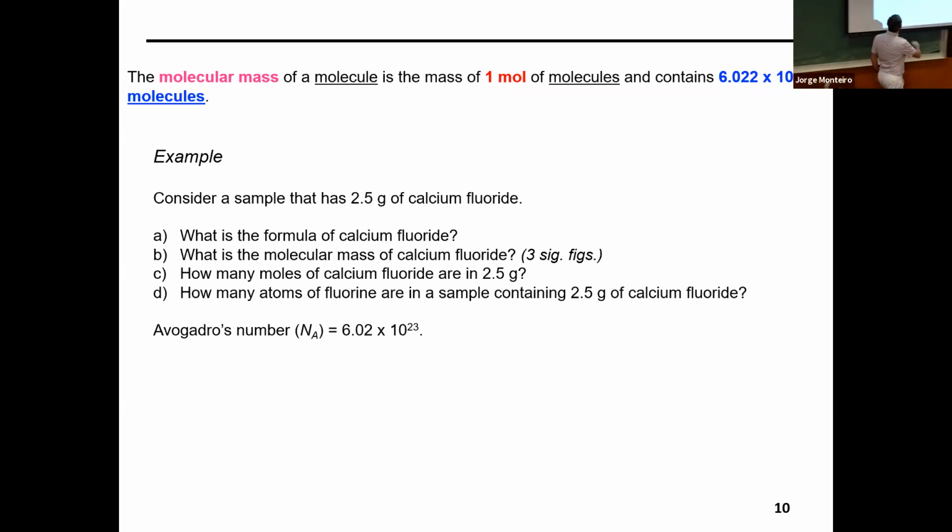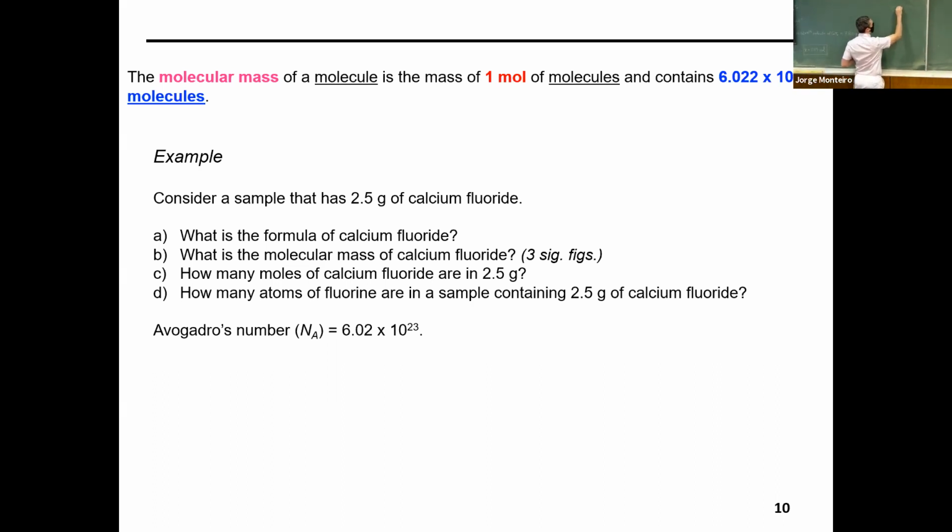Now be very careful with the last item of the problem. How many atoms of fluorine are in a sample containing 2.5 grams of calcium fluoride? Let's look at calcium fluoride, a very simplistic representation here.